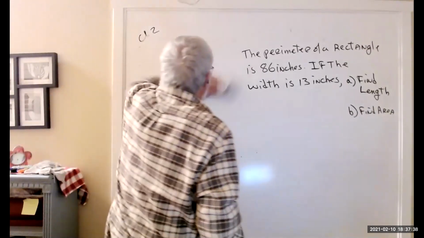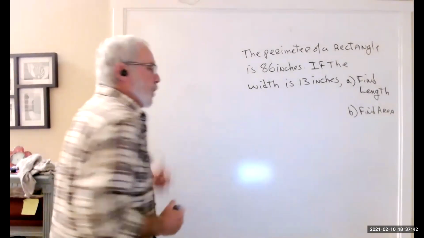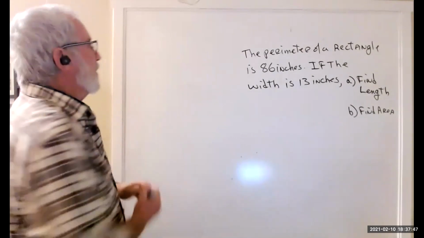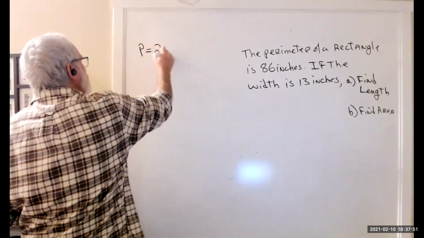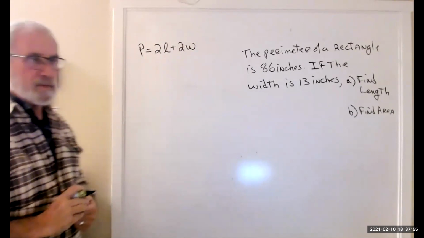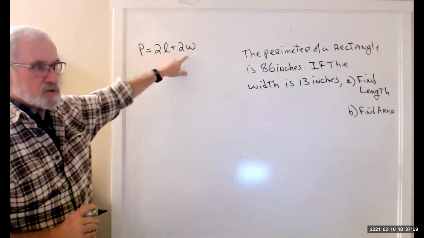The way I would urge you to solve this is first, what's the formula for the perimeter of a rectangle? Usually they give it to you, but it's 2 times the length plus 2 times the width. That's the whole formula.